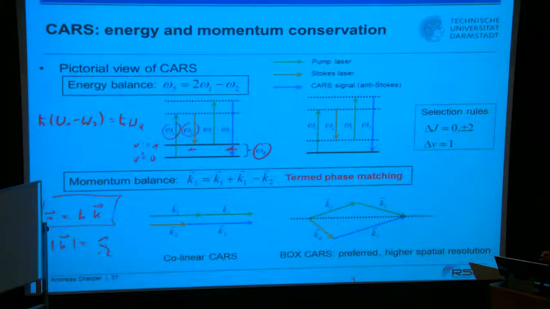This momentum balance? Maybe I should add something. Why didn't we care about this momentum balance in fluorescence spectroscopy? Because there as well, you have absorbed one photon. The energy is transferred to the molecule. It is destroyed, this photon. The molecule has to take the momentum of this photon. So that means it's only a small fraction. However, after the absorption, the molecule will have a different momentum.